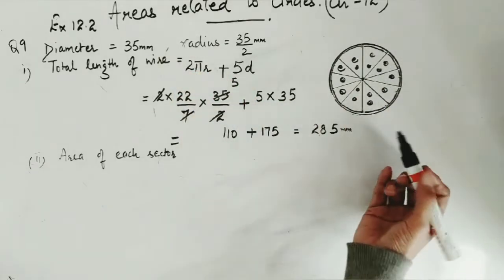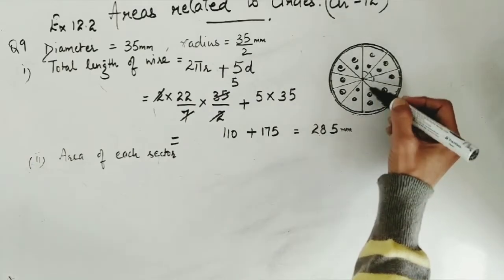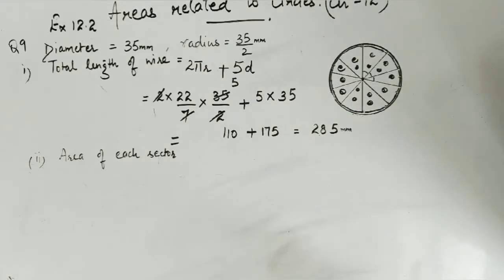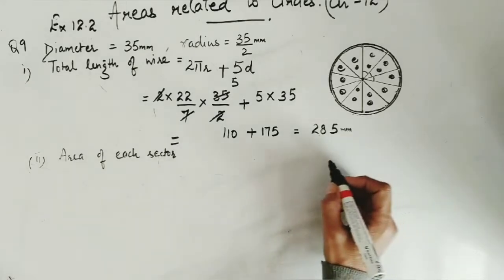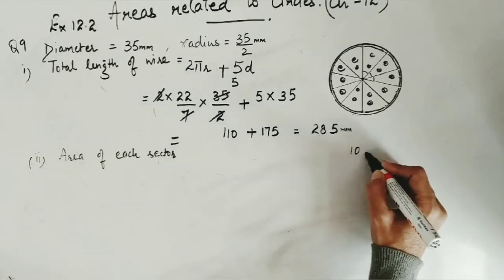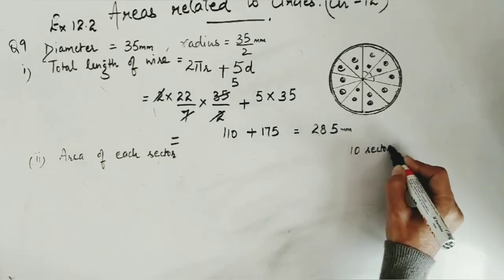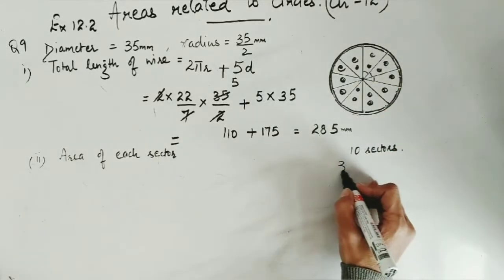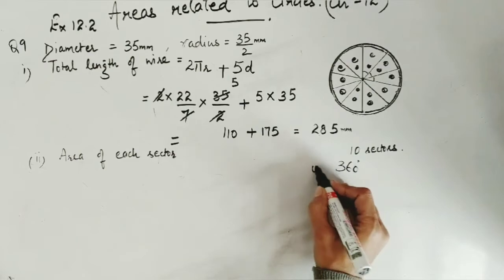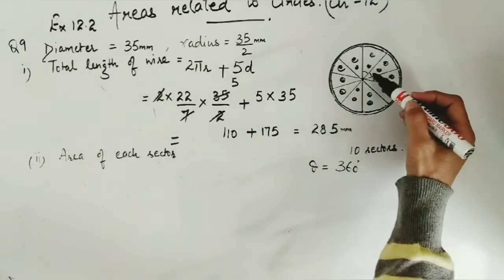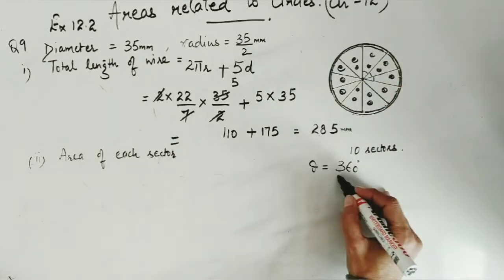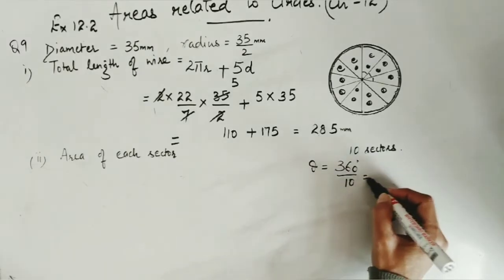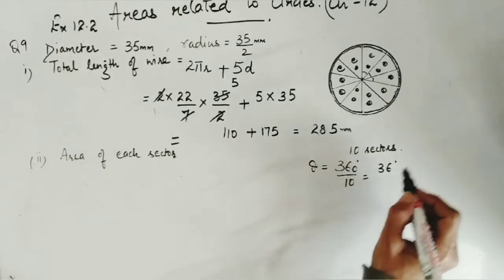There were 5 diameters, so in all there are 10 such equal sectors. Total 360 degrees, we are calculating theta. Theta would be total 360 degrees divided into 10 equal parts. So theta must be 36 degrees.